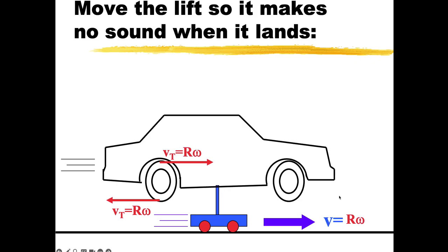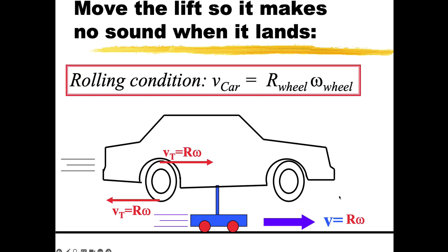This is our key, class. We call this the rolling condition, where the velocity of the car is going to be the same as the angular velocity of the wheels times the radius of the wheel. This is going to be so important.